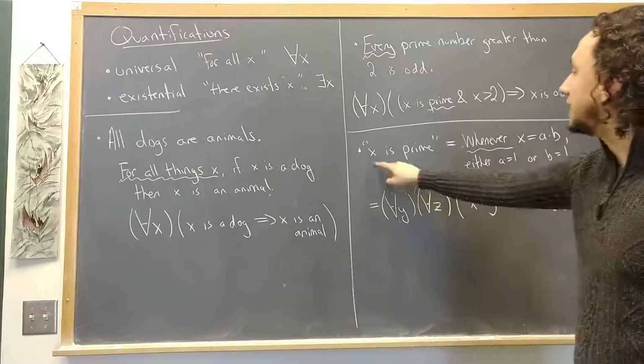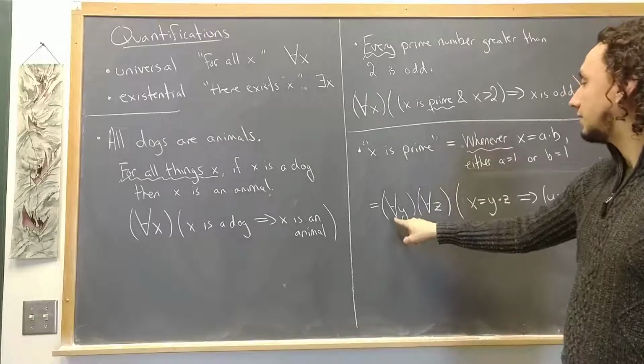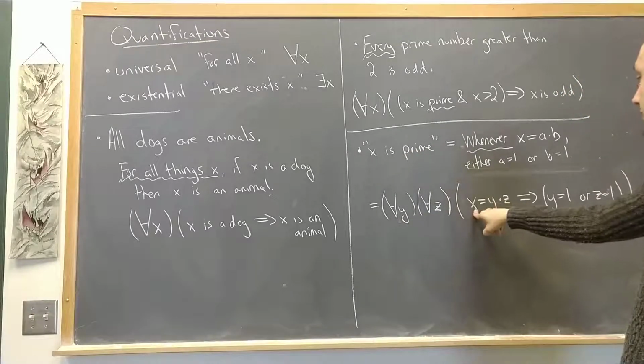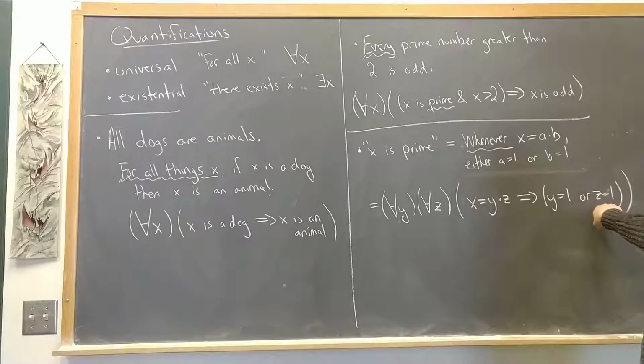So what we're saying here is x is prime means for any two numbers, if they multiply together to give x, one of them must be 1, at least one of them.